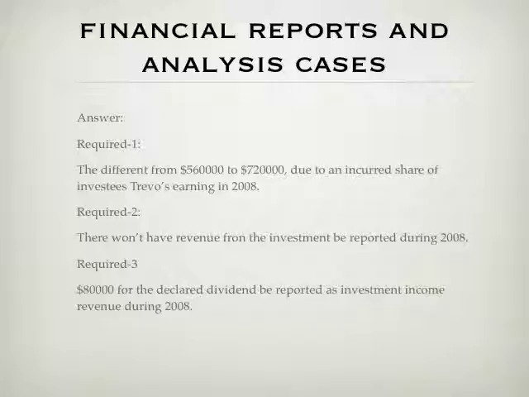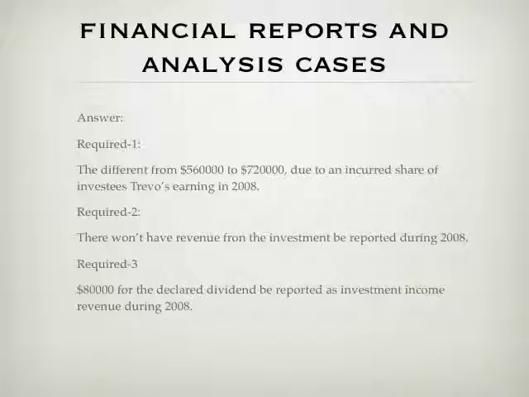For the second one, the answer is there won't be revenue from the investment reported during 2008 because Woodrow is using the equity method. Due to the 30% ownership in Trevor, investor and investee share the same effects of gain or loss based on the participation percentage ratio, so they don't have to report the revenue.